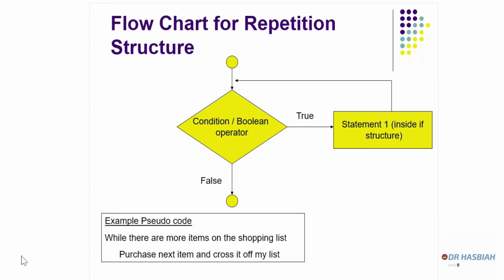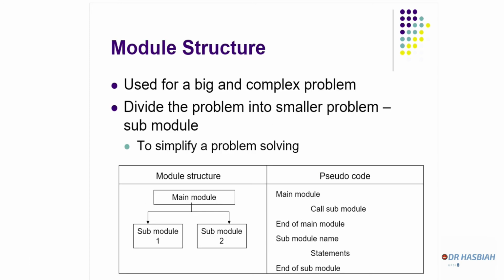So the last one that we want to see here is the module structure. Module structure is used for a big and complex problem. If you use the module structure, you divide the problem into smaller problems that we call sub-modules.